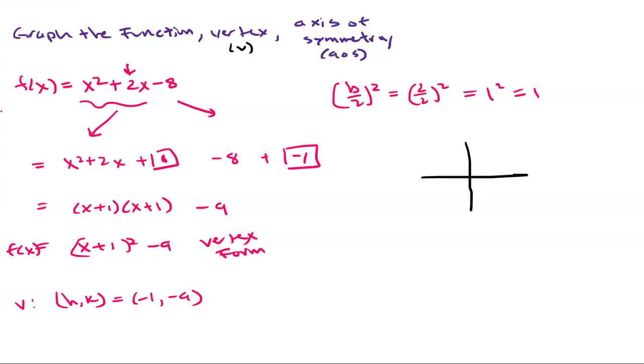So +1 is actually -1, so we go to the left, -1, and then down 9. All right, so let's just say this is down here, -9. So it's somewhere down here, okay? And then we still have a happy parabola, so we draw our happy parabola there. And then our axis of symmetry is going to be x equals -1. Okay.